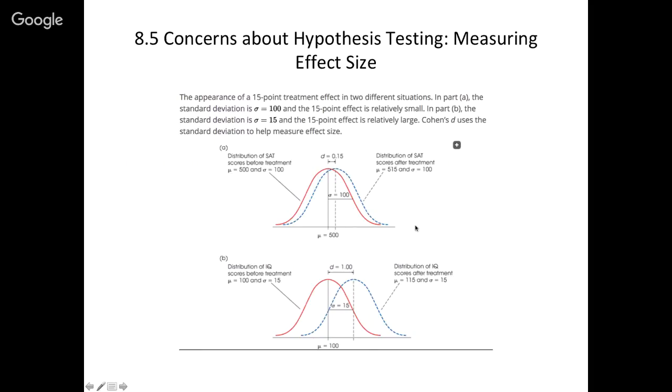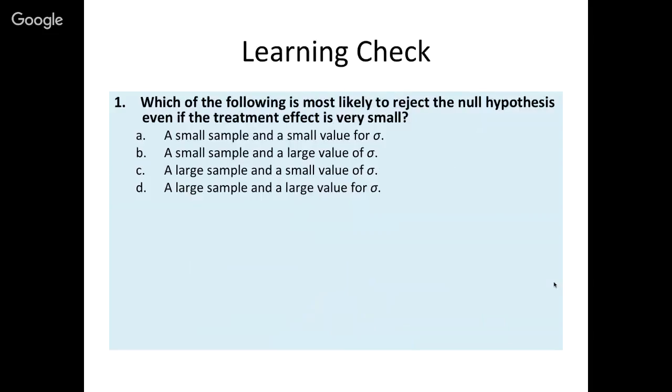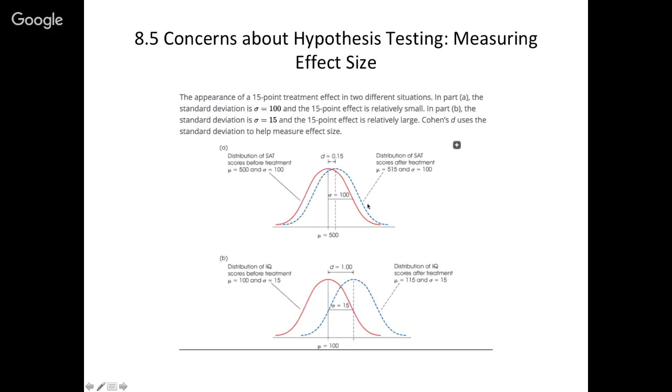Both of them are significant, but here we have a bigger effect. Right, the effect size can just be considered as the distance between the dashed vertical line and the solid vertical line.